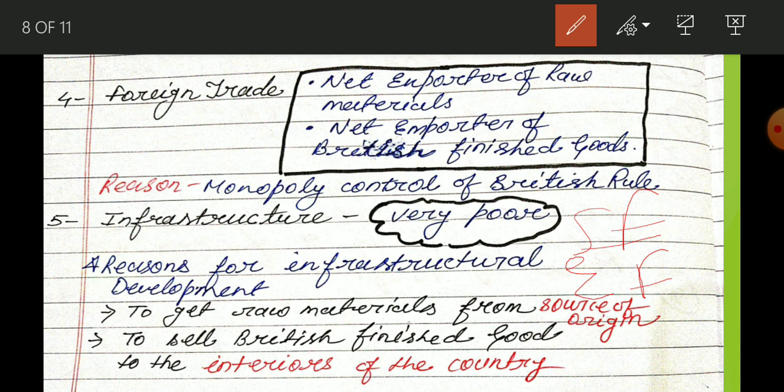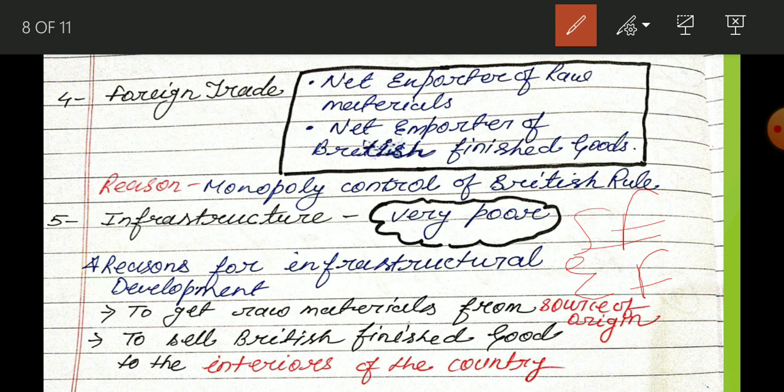What is the reason? One more thing: infrastructure was not at the level of zero, but it was at a very marginal level, not sufficient for Indian people. Whatever infrastructure we found in India at that time was only for Britishers.